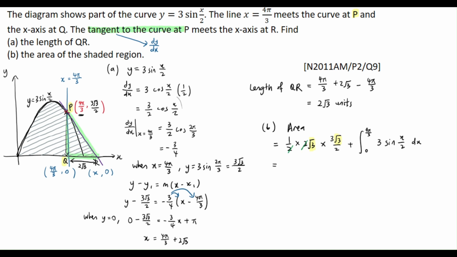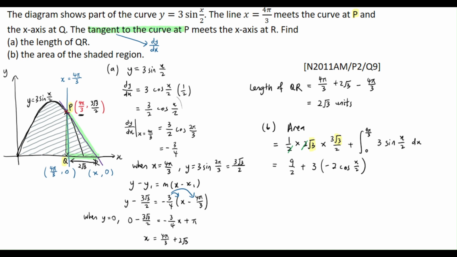2 divided by 2. So for that, my triangle will be 9 over 2 plus the integral of 3 sine x over 2. For the 3, you can bring it out because it's just a simple coefficient. And for sine x over 2, when you integrate it, it will be negative 2 cosine x over 2.